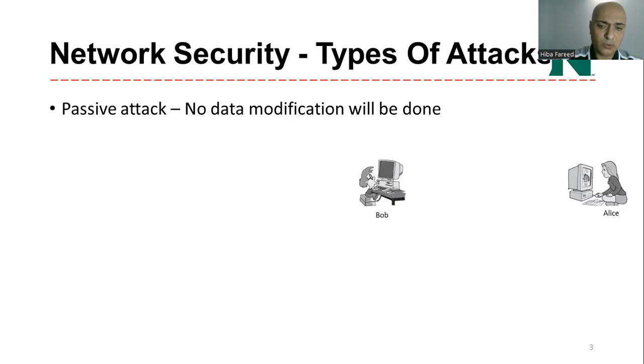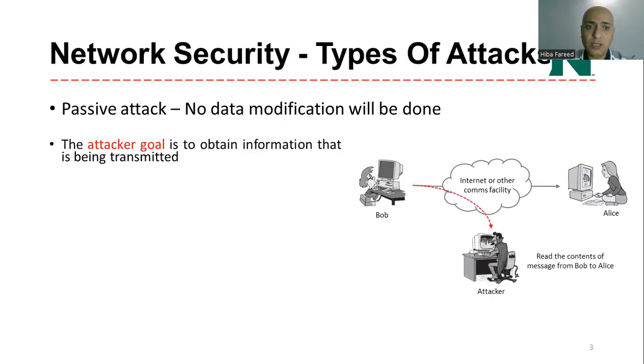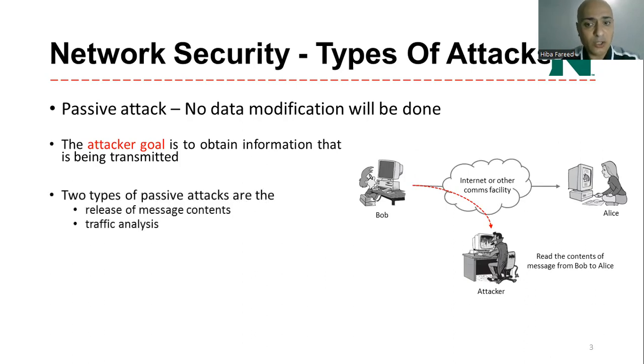Take this small example: when two users try to communicate with each other using an internet connection or any other means, the attacker, when he appears, has the main goal of obtaining some information that is sent from one point to another, by listening to what is inside the message sent from Bob to Alice, or by analyzing the traffic.